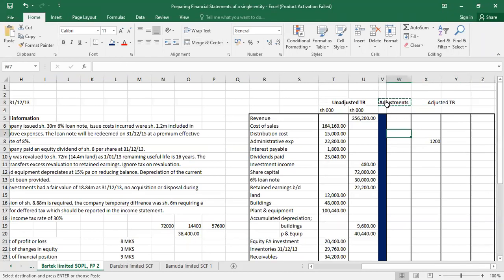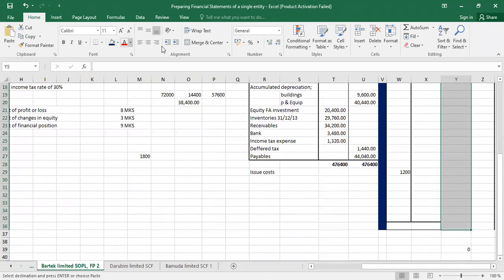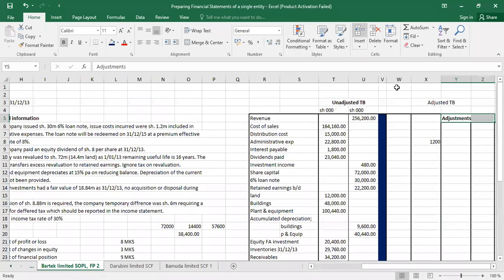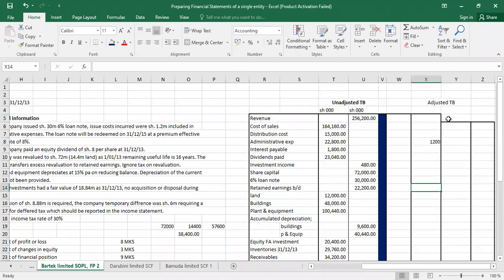So that you can see that adjustment is on these two columns. So the adjustment is here. Then I'll also add another one here so that it doesn't confuse me. You can add even directly with insert. Just click on insert. It adds another column, isn't it? Alt H B to remove the borders. Let me just be a little bit faster.